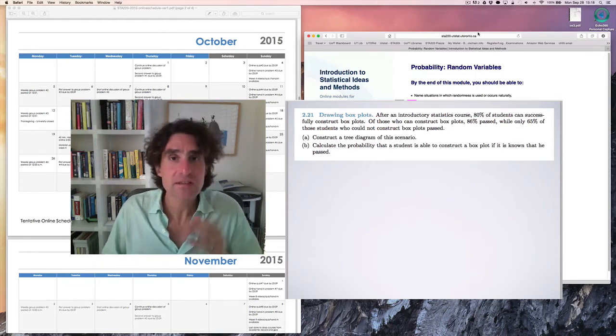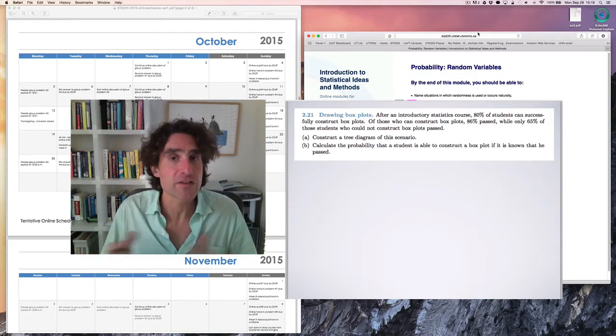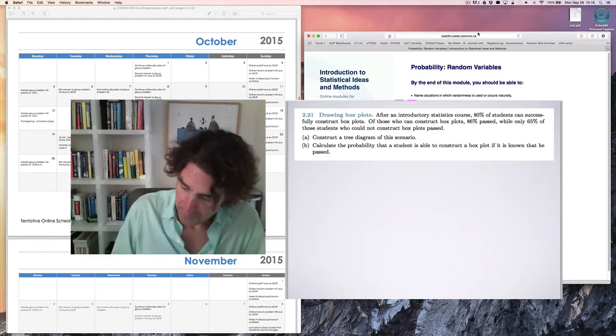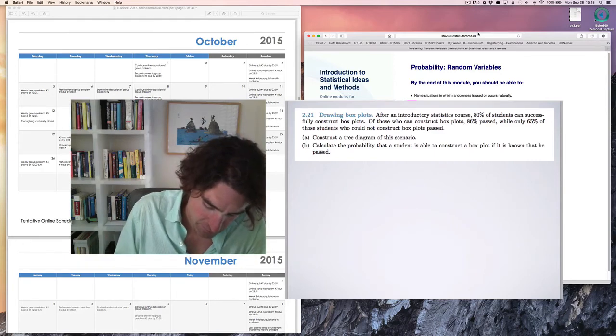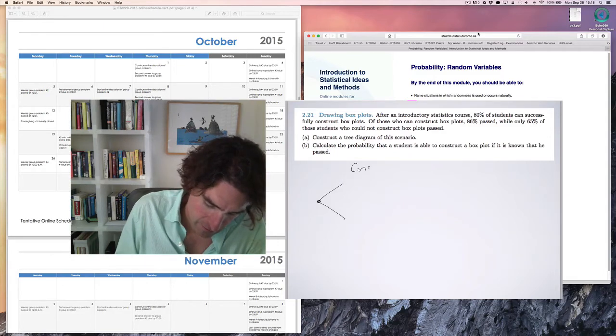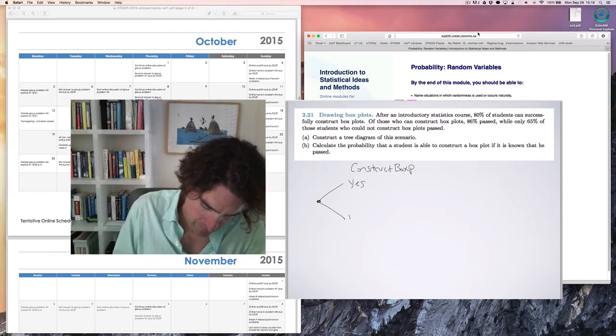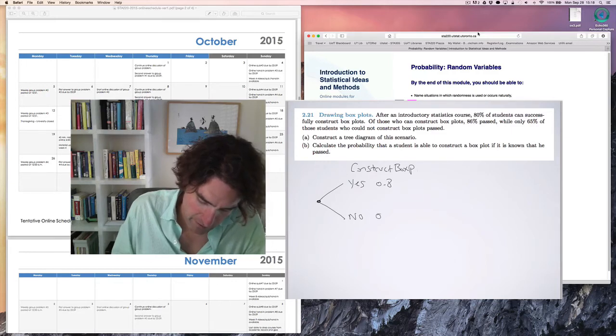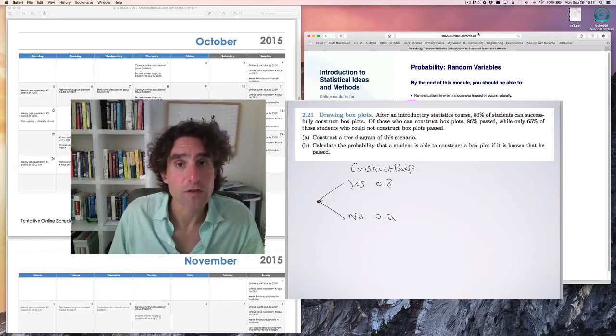The first event is, can you construct a box plot or not? And so the first part of our tree will be construct box plot. And that will be yes or no. 0.8, 0.2.